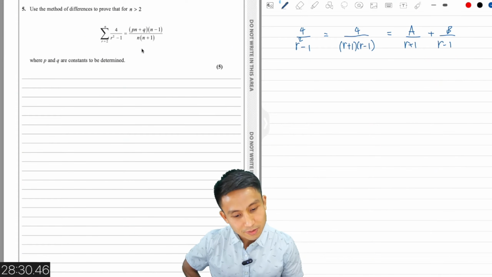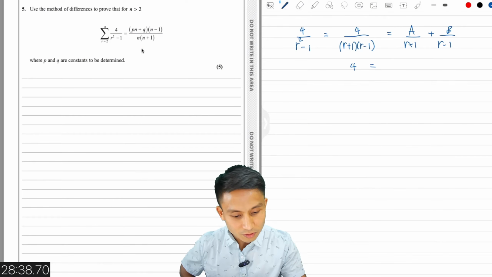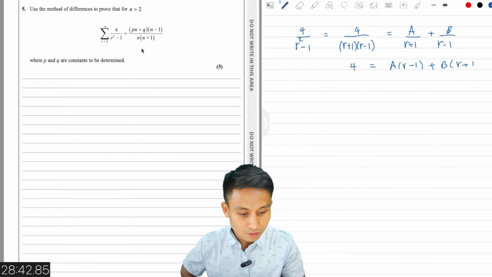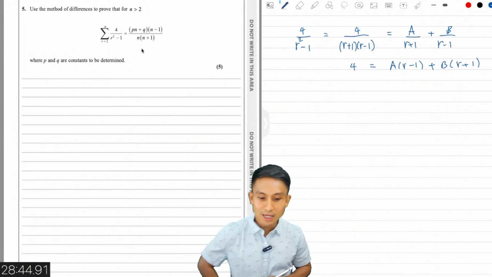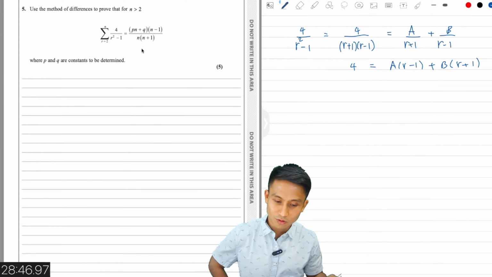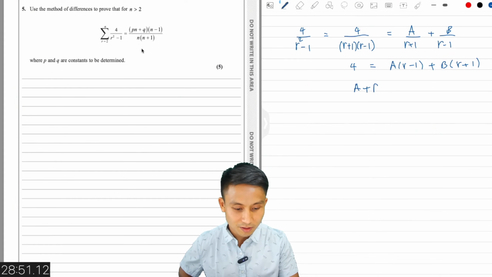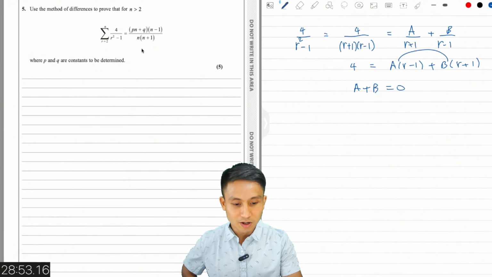So it's probably going to be 2 and, hang on, what's going to be? Yeah, you can multiply out, so I'm going to get 4 equals, so it would be a r minus 1 plus b r plus 1, right? So we need a plus b to be 0, right? Because if you look at the term r and r.